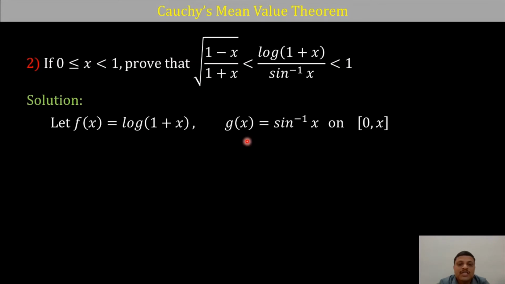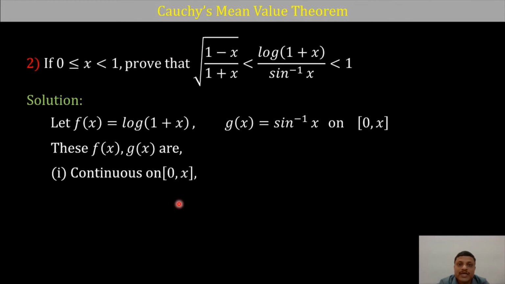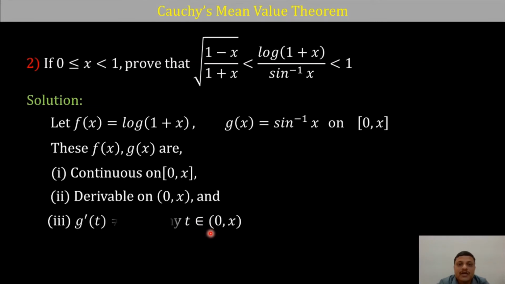As we know, these two functions are continuous and differentiable on the interval [0, 1). Therefore, these two functions are continuous on the closed interval [0, x] and differentiable on the open interval (0, x), and also the derivative of the sine inverse x function, that is 1 upon root 1 minus x square, will not be equal to 0 for any t value in the interval (0, x), right?